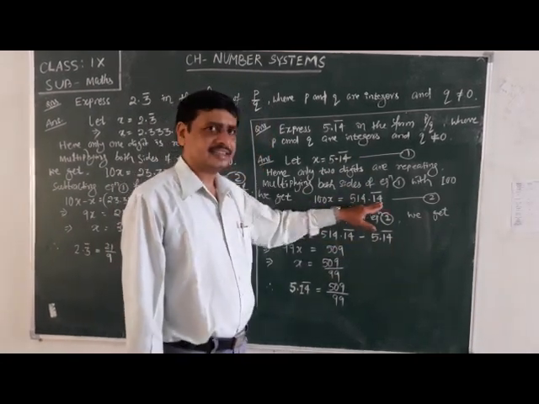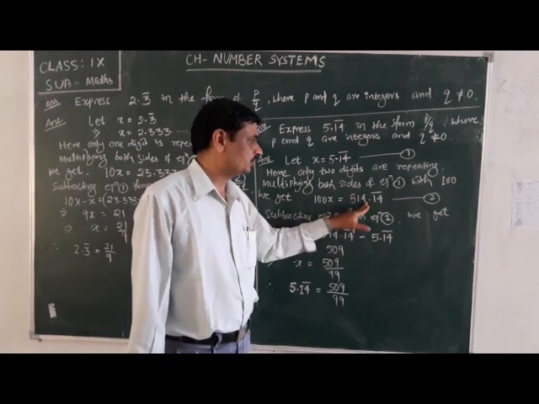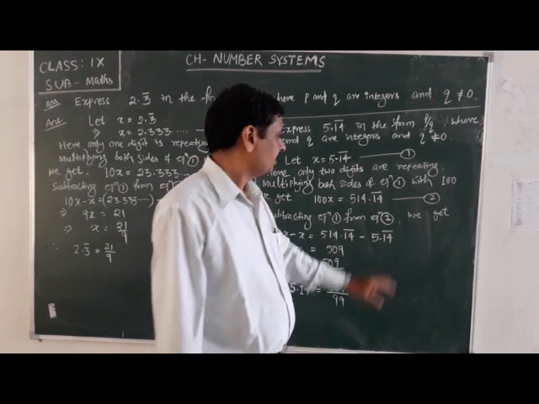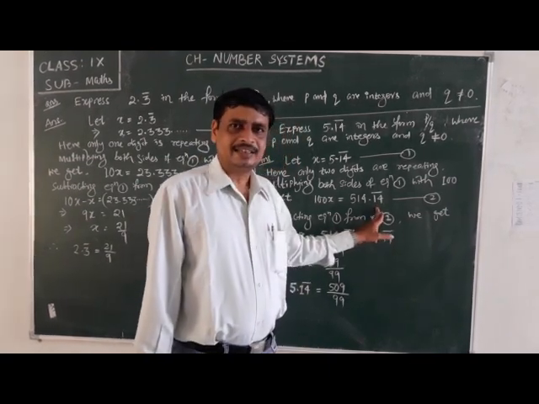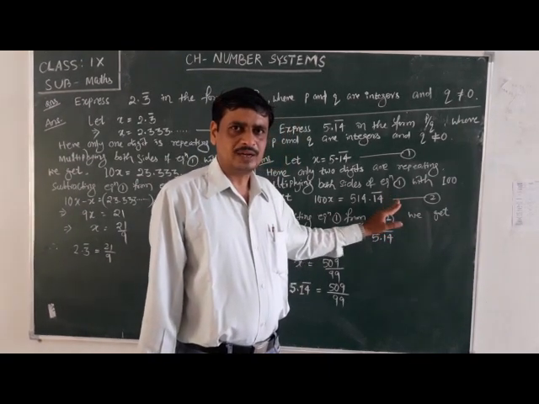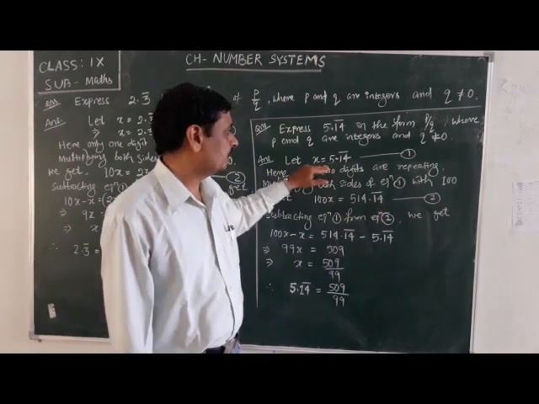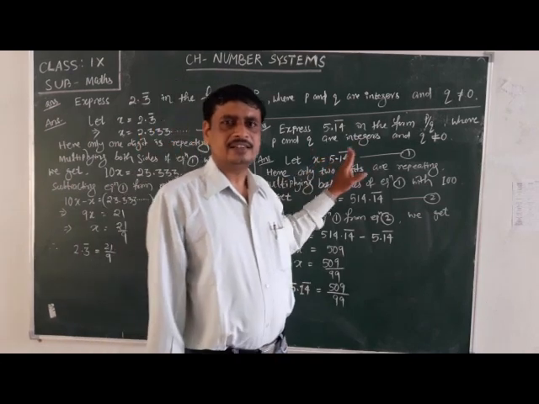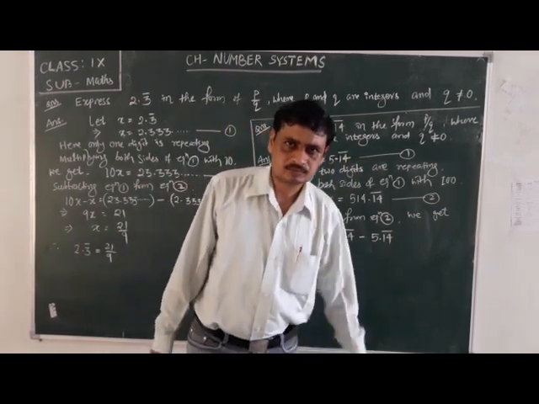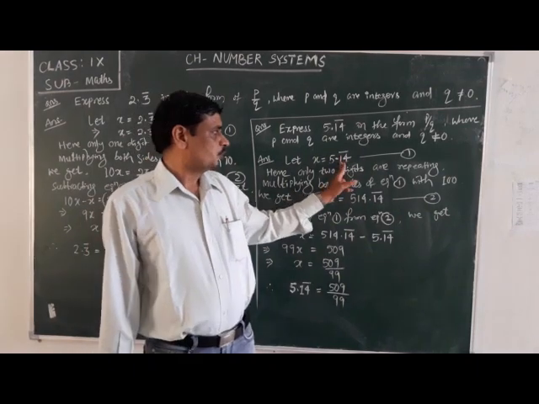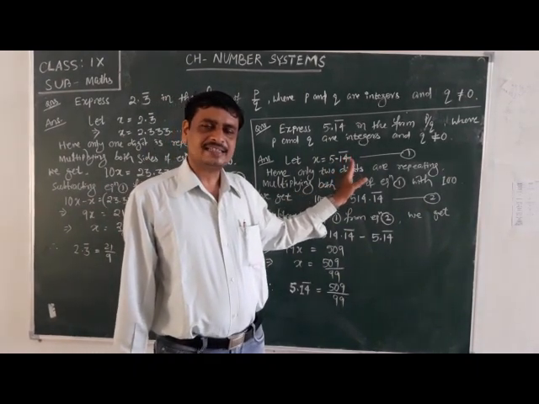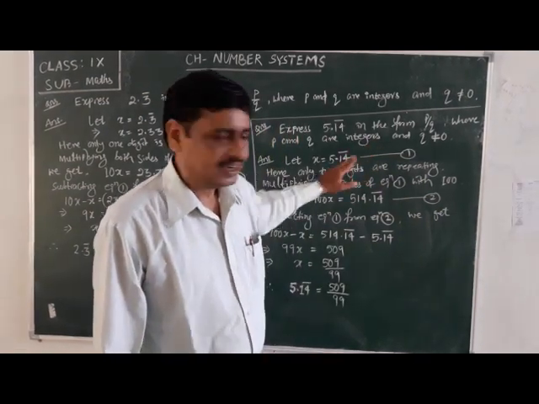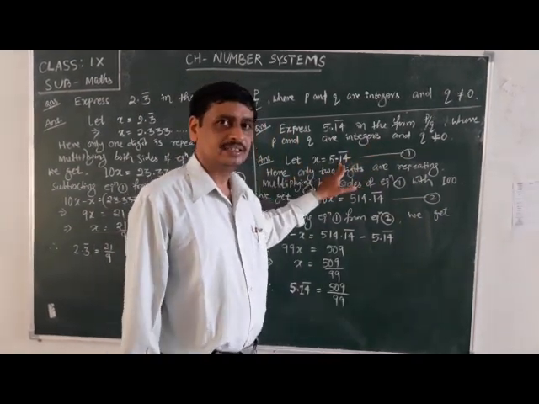Now look at the second statement, 514.14 bar. The decimal part has the repeated digits 14141414, which is similar to the decimal expansion in the decimal part of equation 1. This 141414 is present in equation 1, in the decimal part of the number.